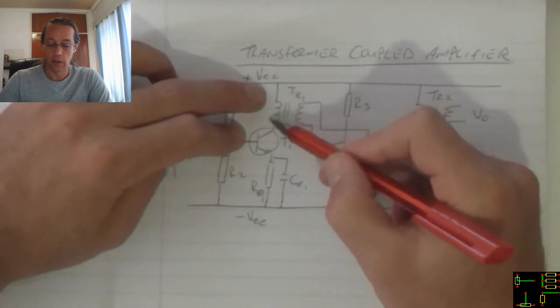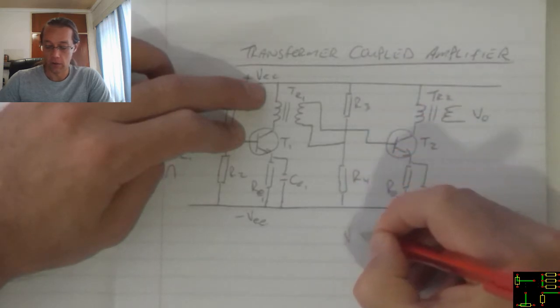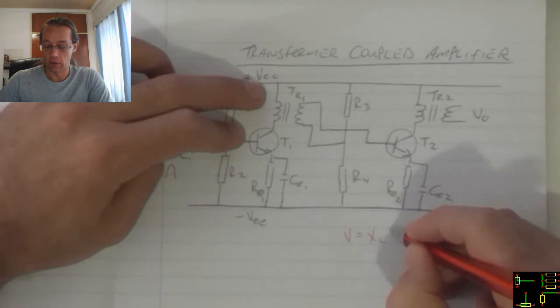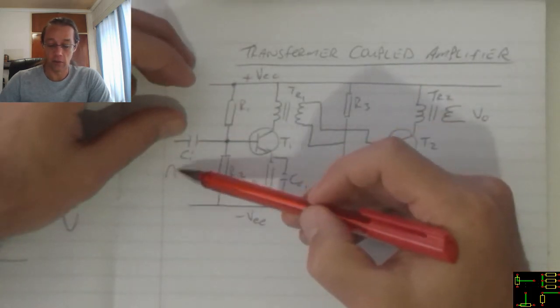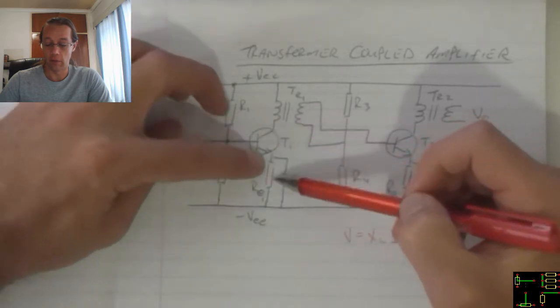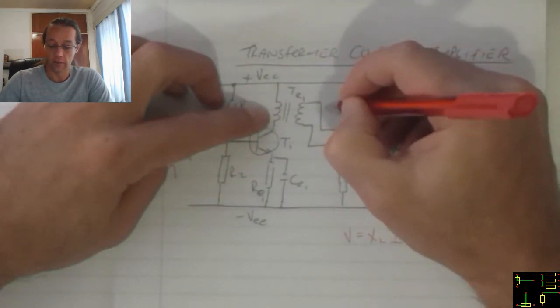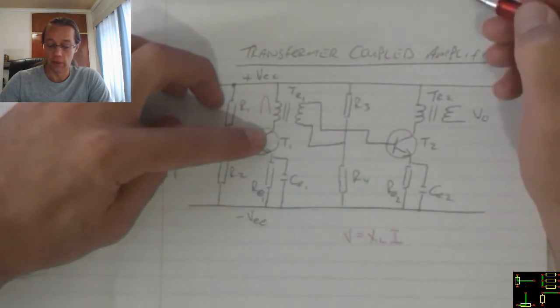Now we must remember that for a coil, the voltage on the coil is equal to the inductive reactance of the coil multiplied by the current flow through the coil. So if I turn this transistor more on, I will have more current flow, and as a result I will have a larger voltage developing on that side over there.